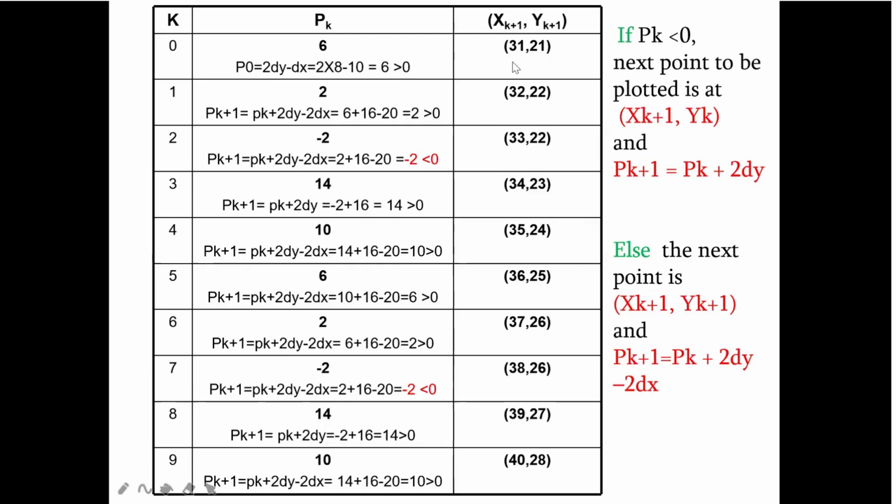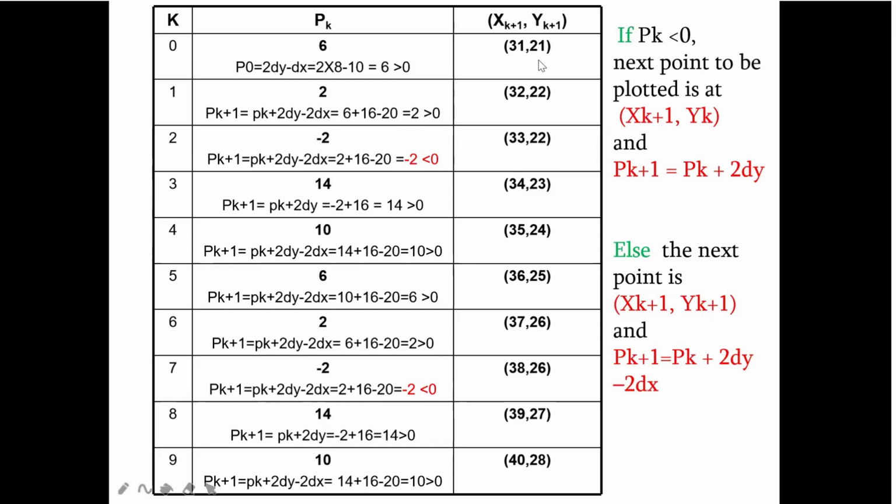So how are you going to plot the next point? You have to increase both x and y values. So the initial value was 30, 20. So now here you are going to increment by plus 1. So the new point you got is 31, 21. Okay. So this value you got.